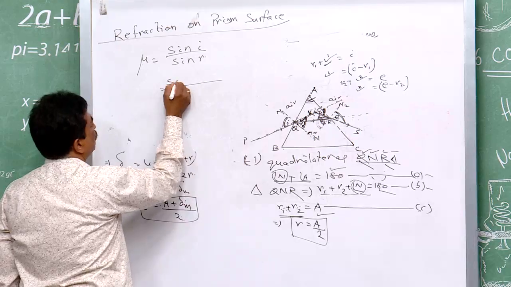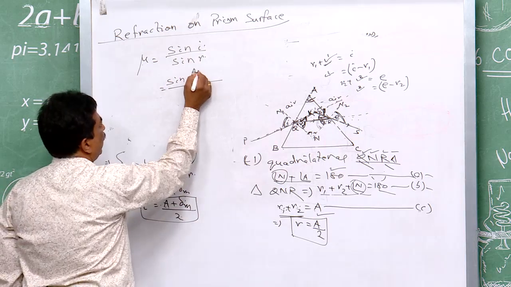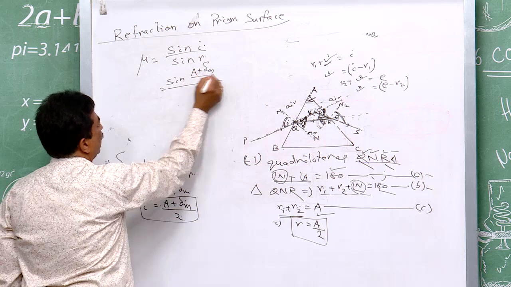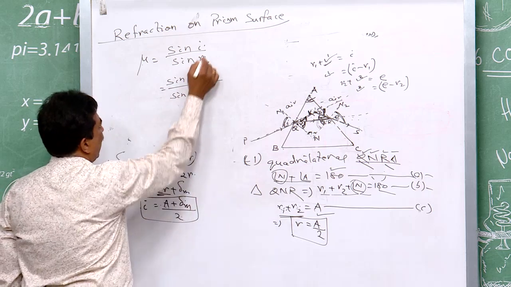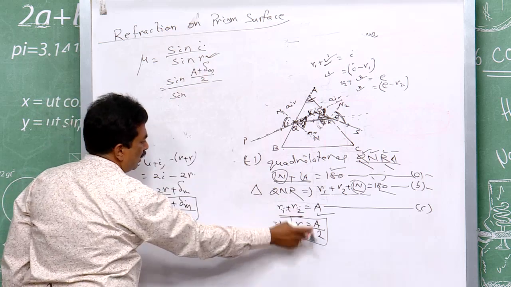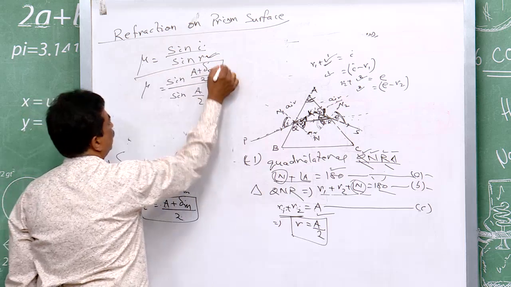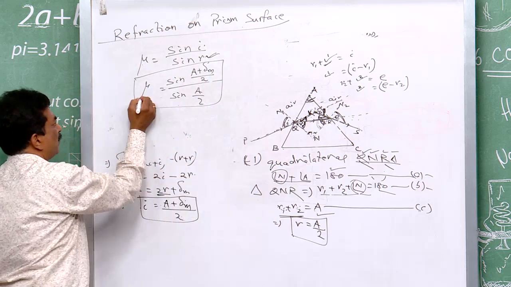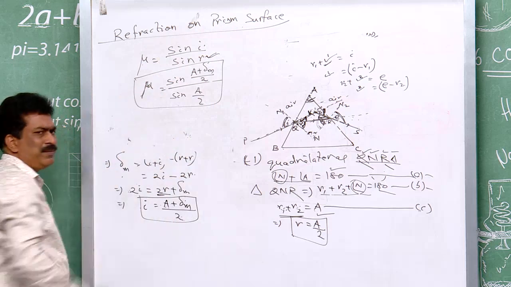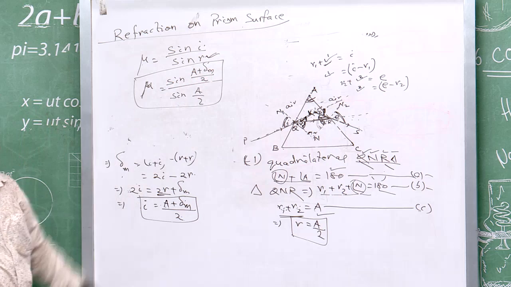So sin I is equal to sin of A plus delta M by 2, by sin R. R is equal to A by 2. So this is equal to mu. So when the refraction is taking place on the prism surface, your refractive index mu is equal to sin of A plus delta M by 2 divided by sin A by 2.